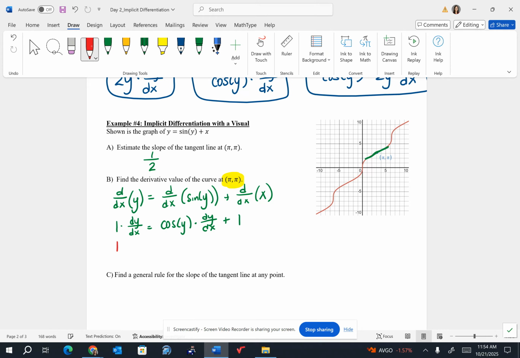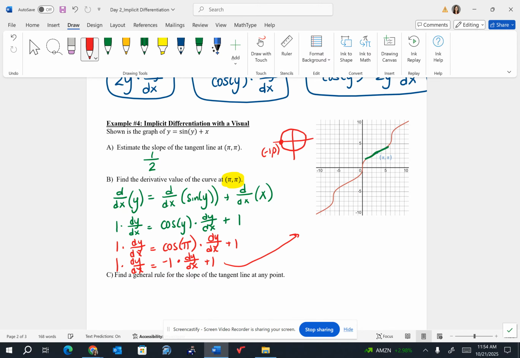So I'm going to keep 1 dy dx equals cosine pi, because that's my y value, times dy dx plus 1. Let me draw a little unit circle off to the side. The cosine of pi is -1. So I have 1 dy dx equals -1 dy dx plus 1.